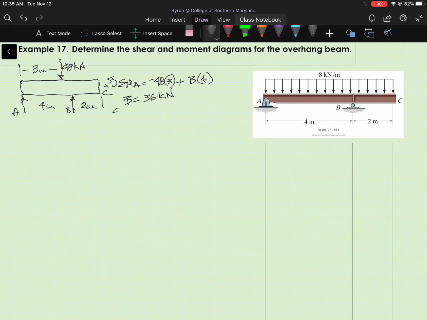Now we can sum forces in the y direction. You get A sub y minus 48 plus 36, or A sub y equals 12 kilonewtons.